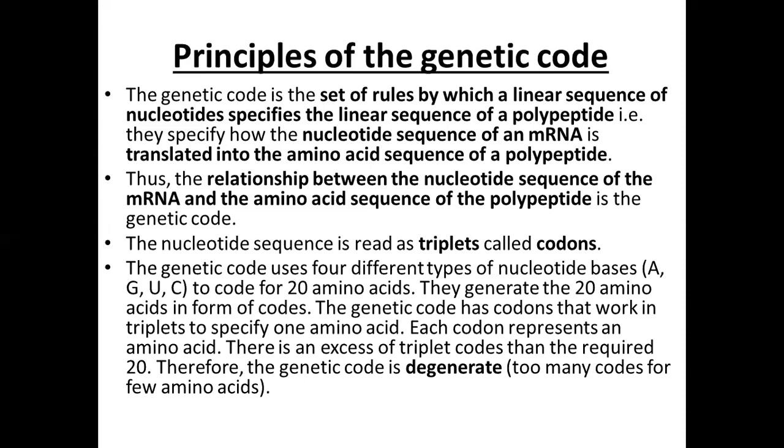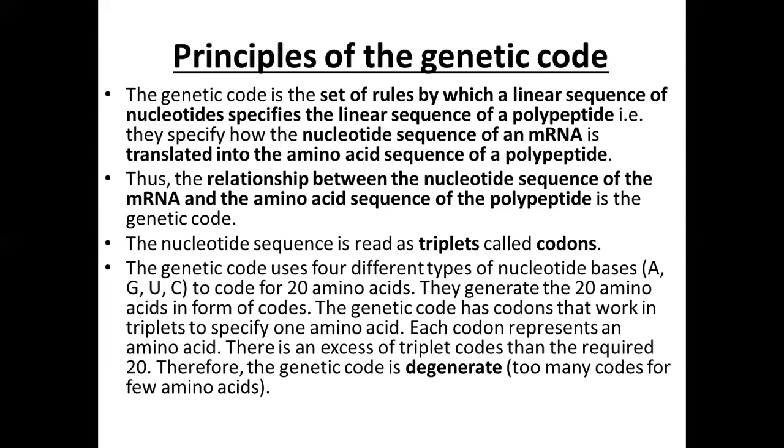So each codon represents an amino acid. However, when we look at the codes and the amino acids, we find that there are an excess of triplet codes than the required 20 amino acids. Therefore, the genetic code is termed as being degenerate or redundant, in that there are too many codes for few amino acids.